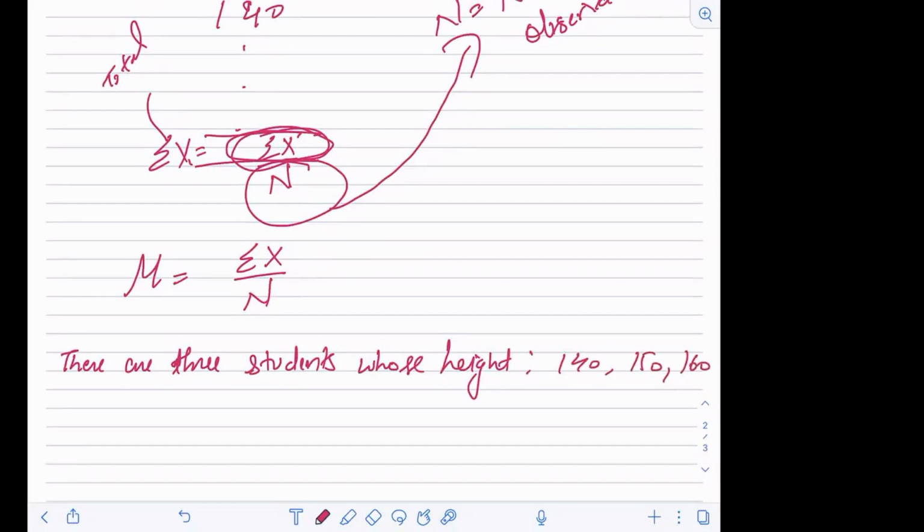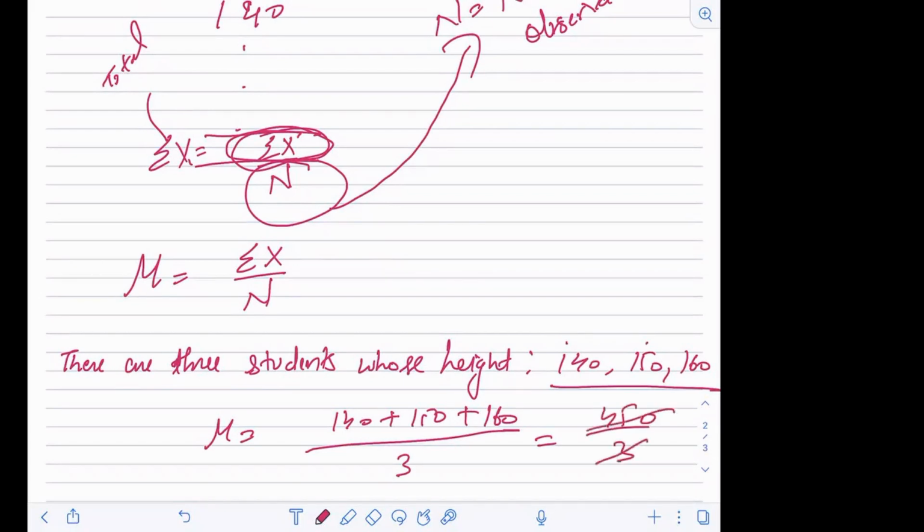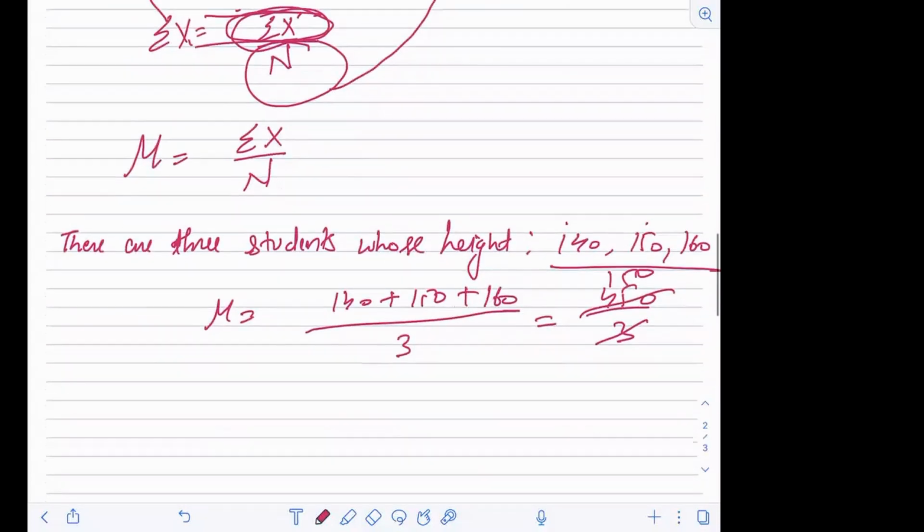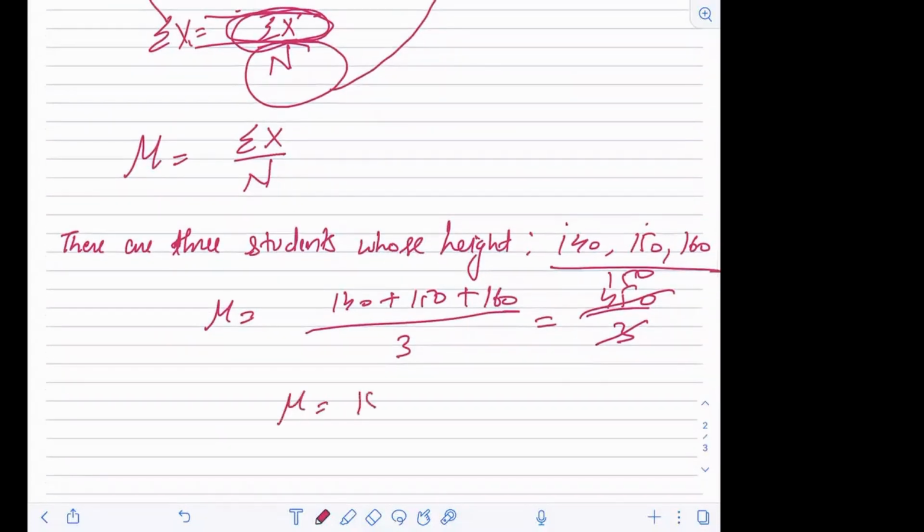So in mu, sigma x means total, so 140 plus 150 plus 160, divided by how many students? 1, 2, 3. That is 450, divided by 3. So the average height of the population is 150.